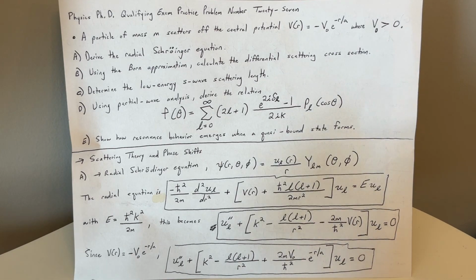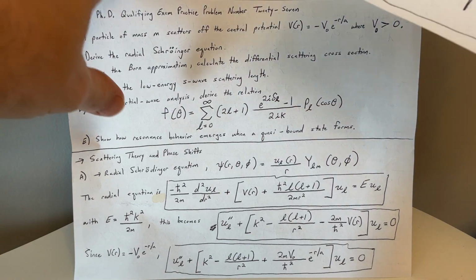And since V of r equals negative V naught e to the negative r over a, u sub L double prime plus the bracket k squared minus L times (L plus 1) over r squared plus 2m V naught over h bar squared e to the negative r over a, close bracket, times u sub L, equals 0. So that's for letter A.